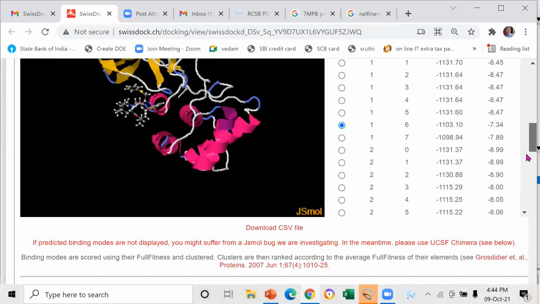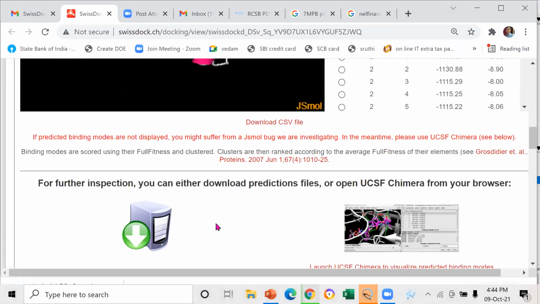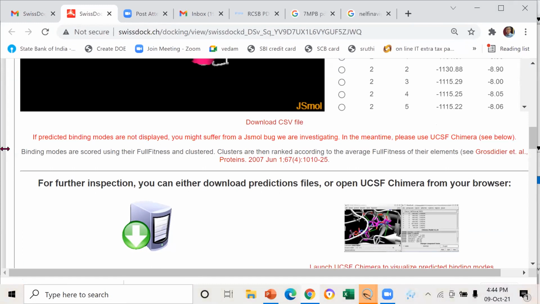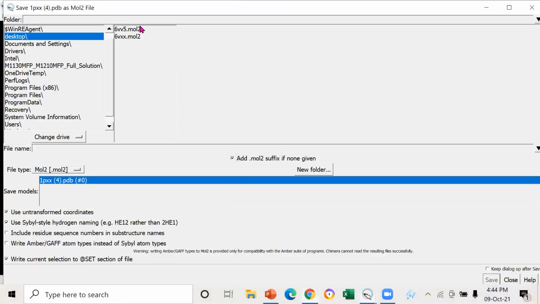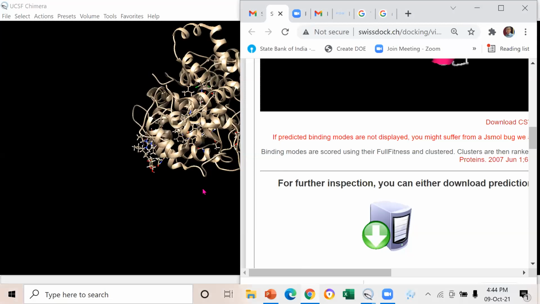You can view this structure in UCSF Chimera. You can do a lot of things for us. UCSF is much better in many things. I think it's done the job.